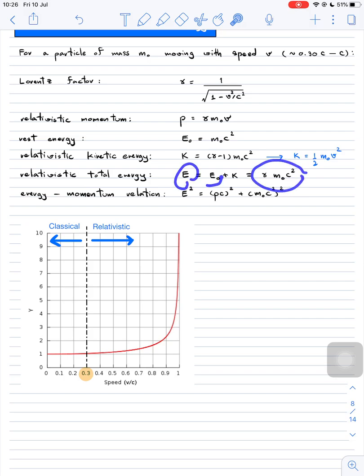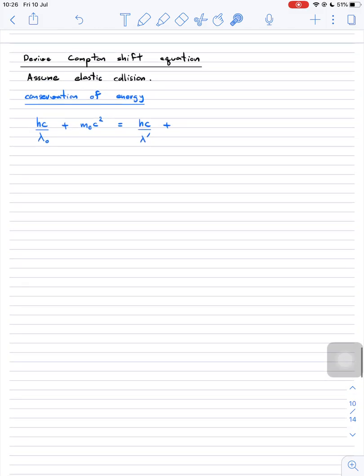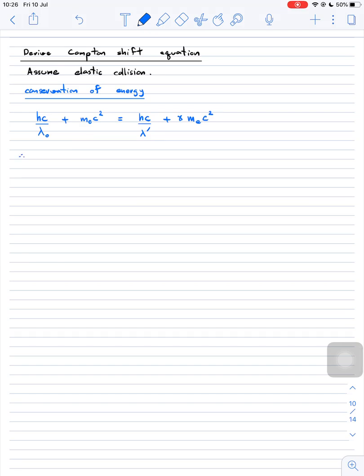The rest energy plus the relativistic kinetic energy of the electron equals gamma m_e times c squared. So finally we get hc over lambda naught equals hc over lambda prime plus gamma minus 1, if we move this to the right hand side, times m_e c squared. This is going to be the first equation that we can get.